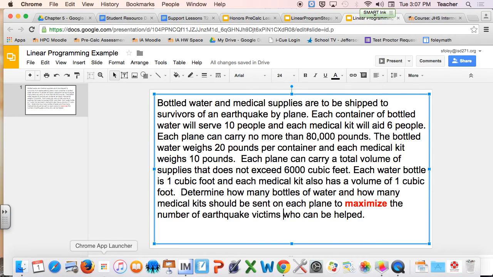Well, I guess that's the second one in the problem, but that's fine. Volume or cubic feet. And then the other one is weight or pounds. So take just a second and pause the video and then talk about it in your groups. What would the two inequalities be to make sure we have the appropriate volume and the appropriate weight? So pause the video, and then when the groups are ready, you can continue.